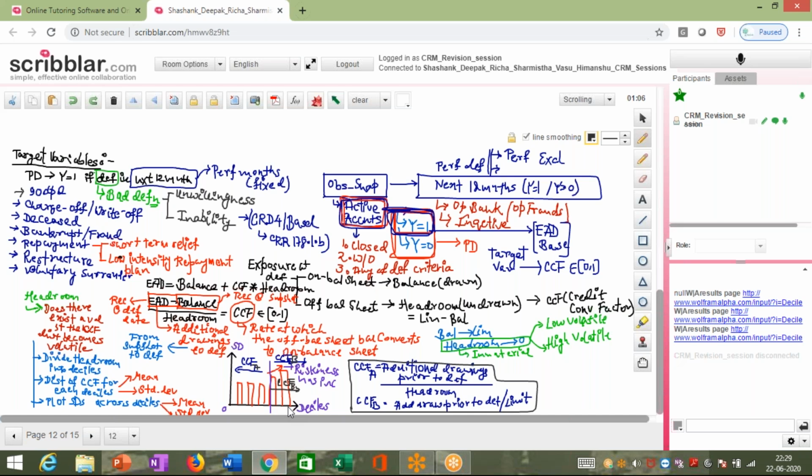So these are the next things that we need to do, because this definition of the exposure and default, the materiality analysis of the exposure, the EAD values, and this second one that we are talking about over here, these two are kind of in sync with one another.